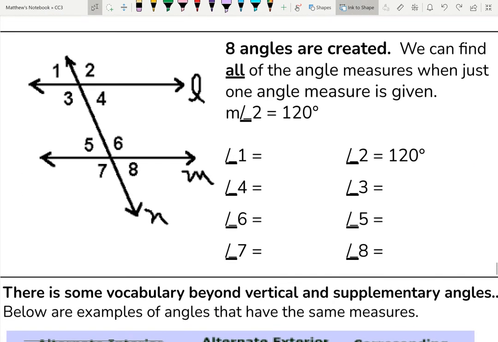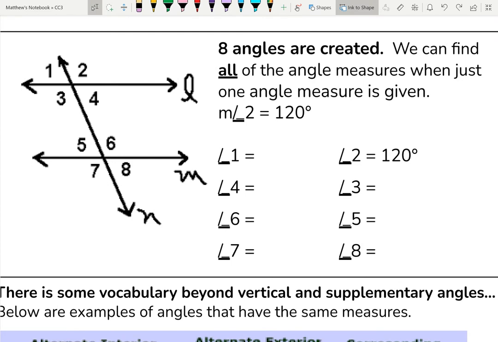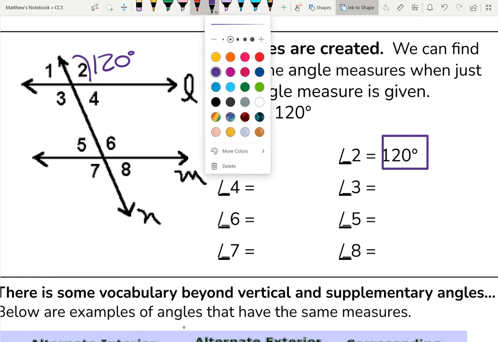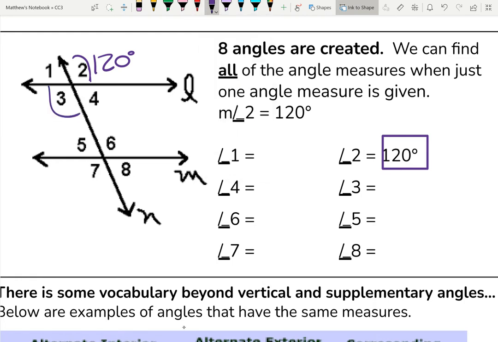So knowing what we know, let's go ahead and figure out what all of these angle measures are given just one angle measure. So I'm going to go ahead and fill in what I know about angle 2. It's 120 degrees. And since angle 3 is congruent to it, it's also going to be 120 degrees. And my reasoning is going to be that they're vertical angles, meaning they're across from each other.